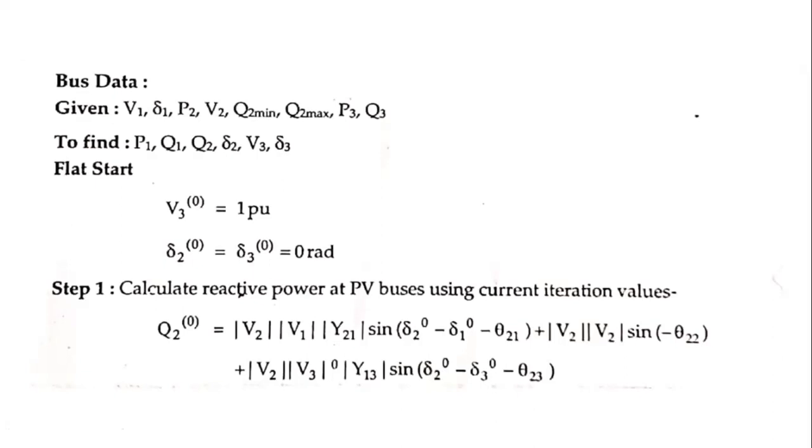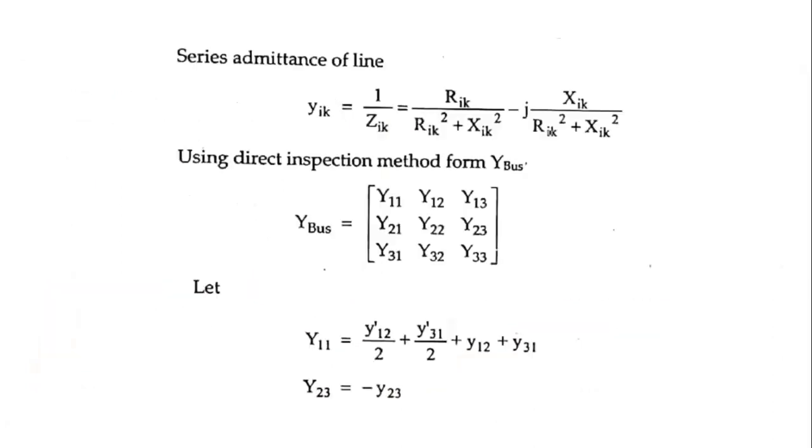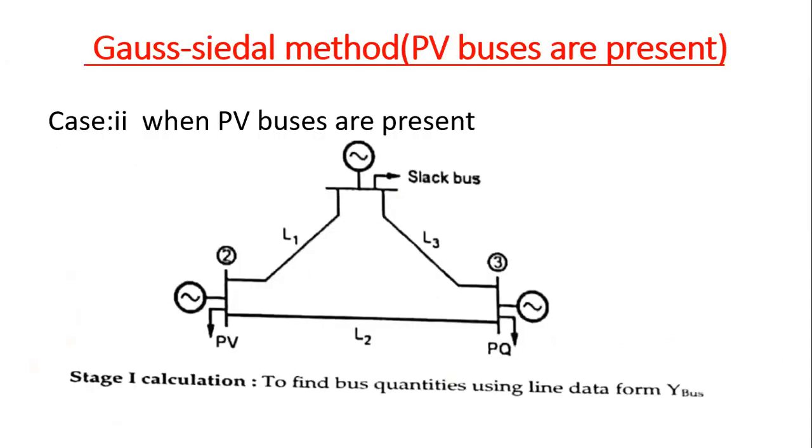In the diagram, the power system has three buses. Bus 1 is the slack bus.